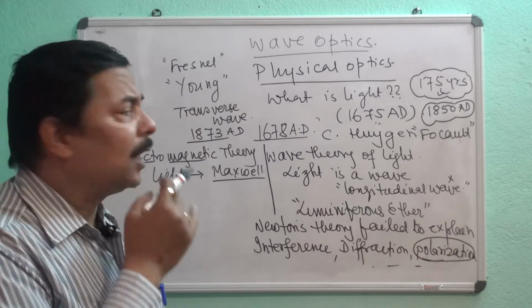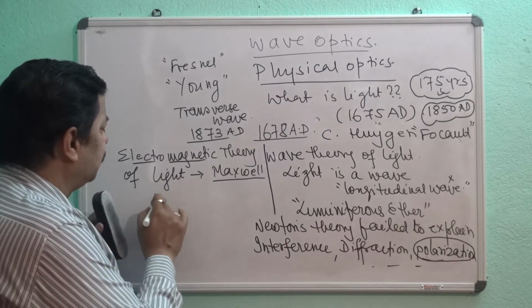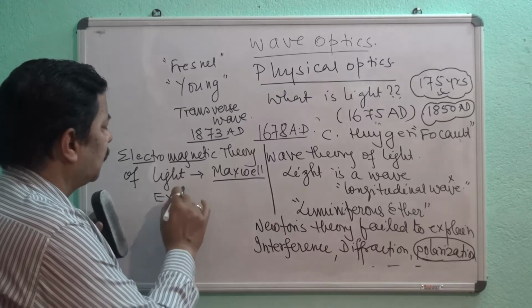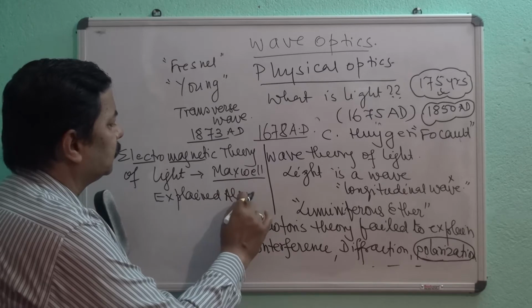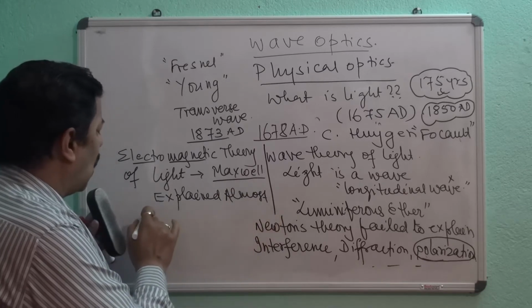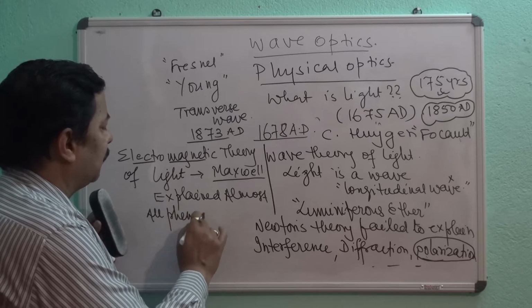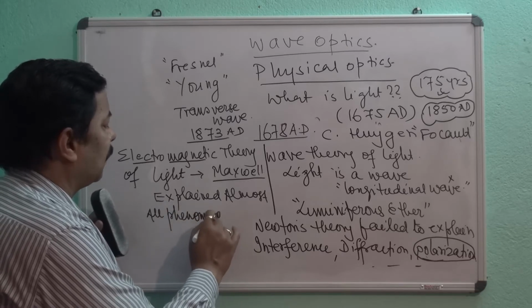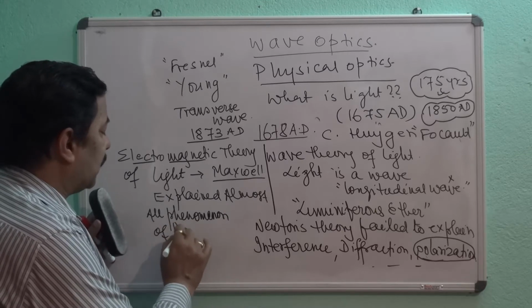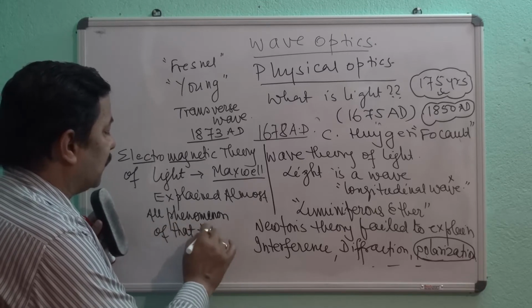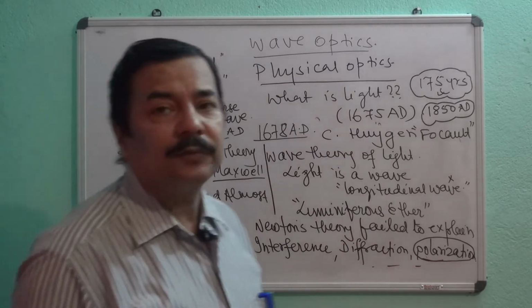So Maxwell's electromagnetic theory explained almost all phenomena, meaning optical phenomena, all phenomena of that time. It explained all phenomena at that time successfully.